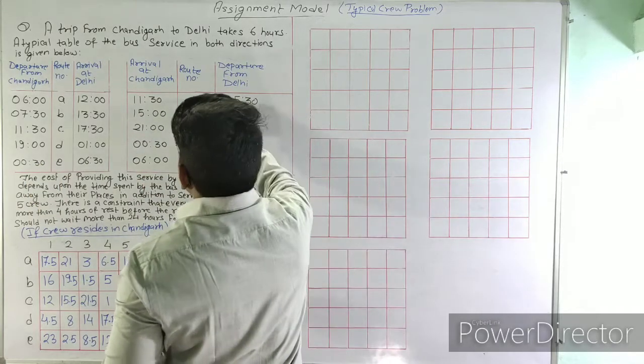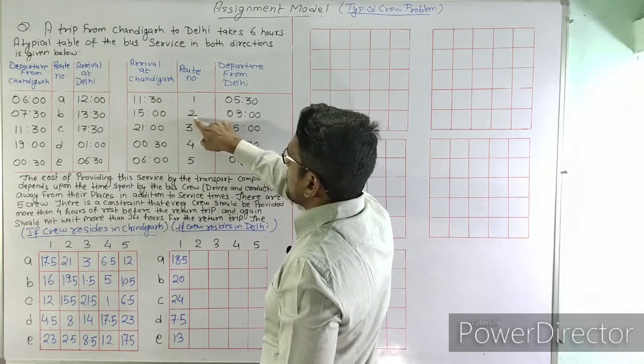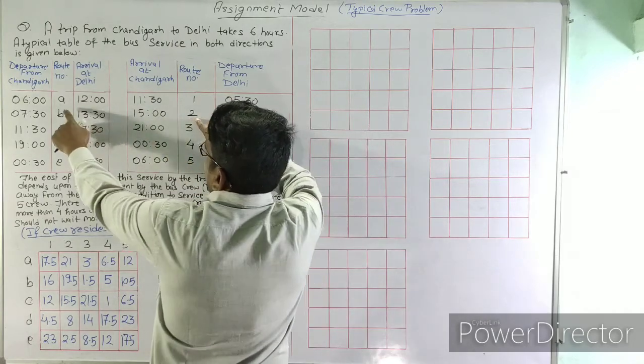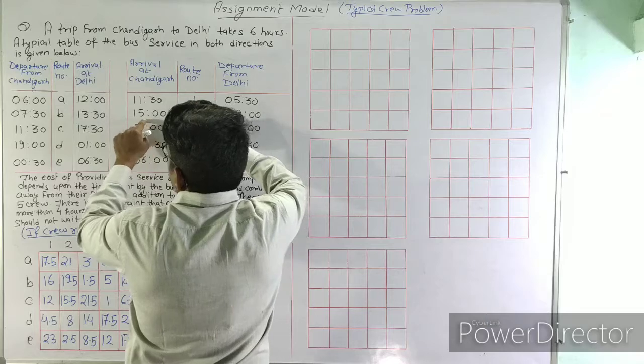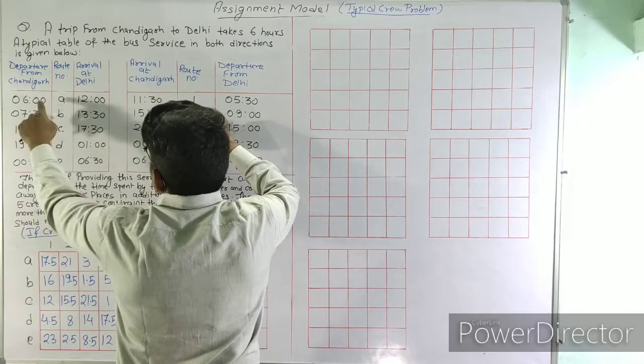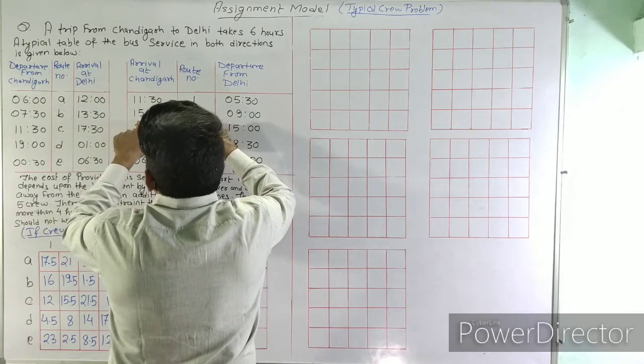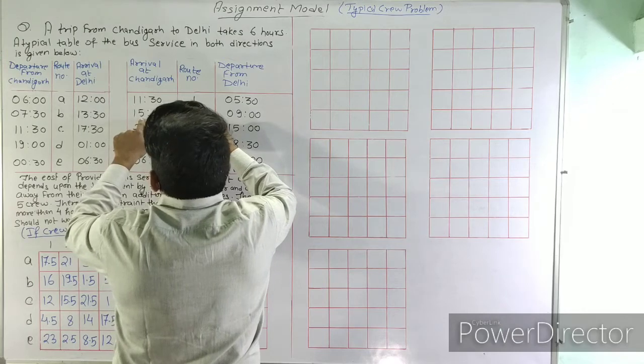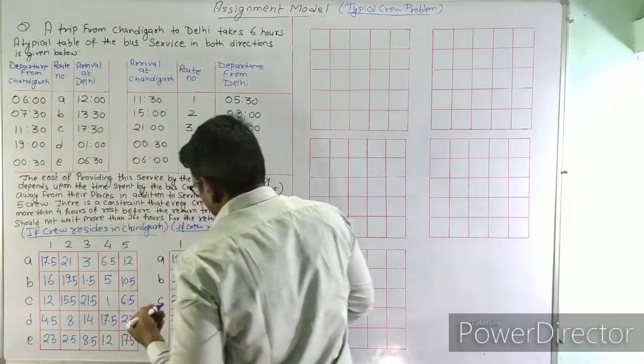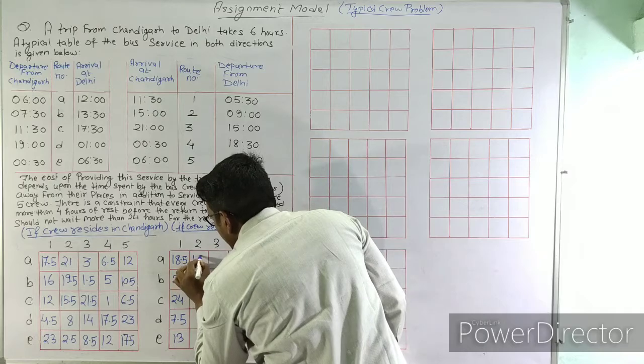13 hours. Similarly, if a crew arrives from route 2 and departs from route 1, so this is 15 and this is 6. The difference here is 15 plus 9, 9 plus 6, 15. So this will be 15 hours.